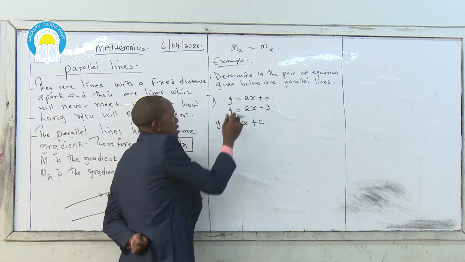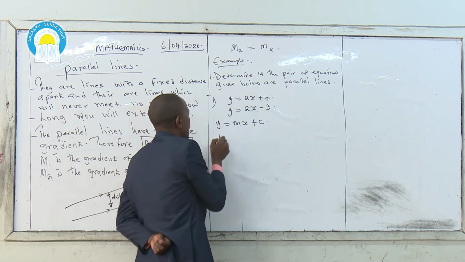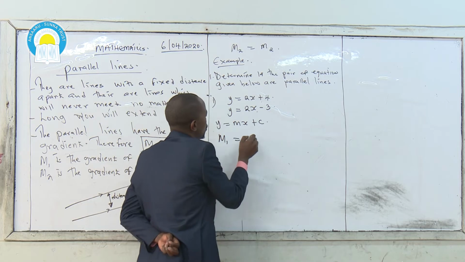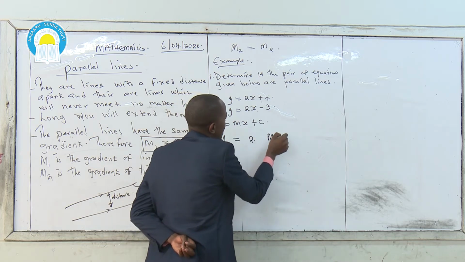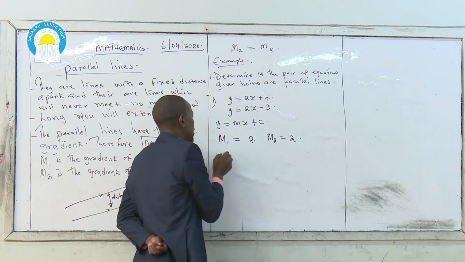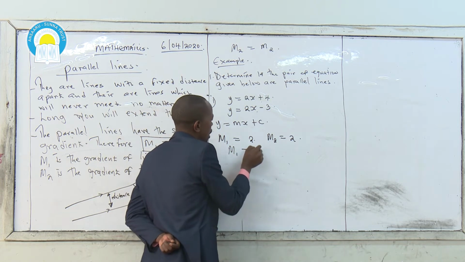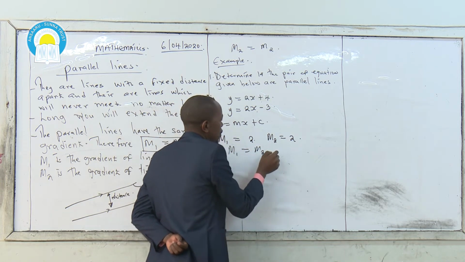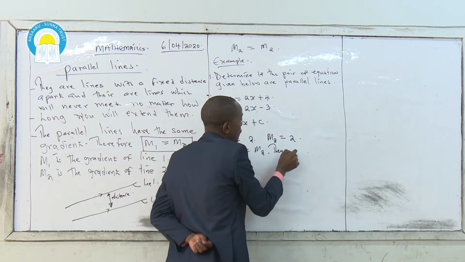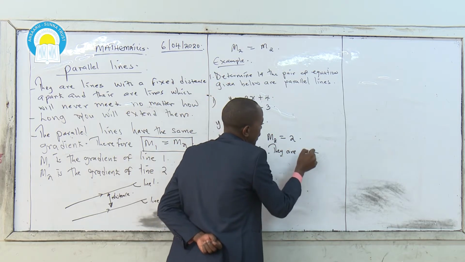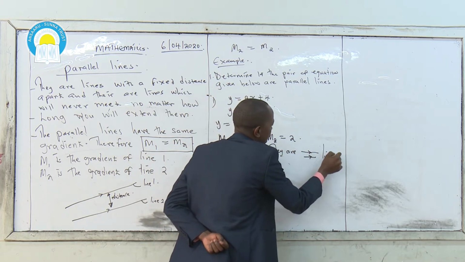Now you can state their gradients: m1 is 2 and m2 is 2, meaning m1 is equal to m2. Therefore, they are parallel lines.